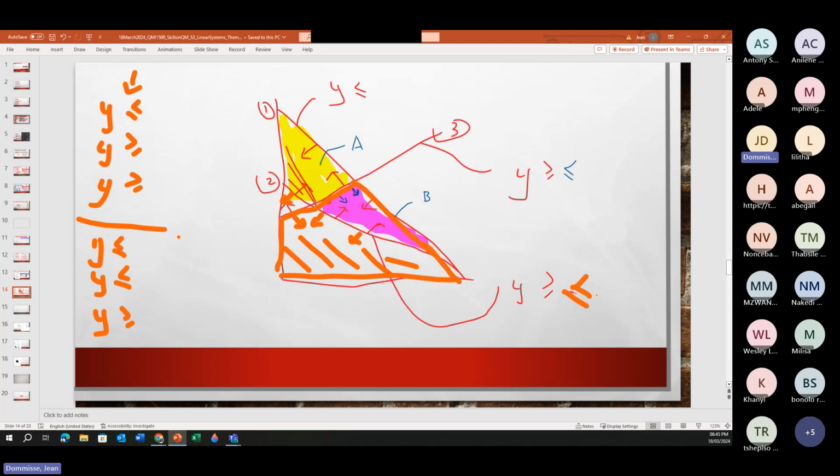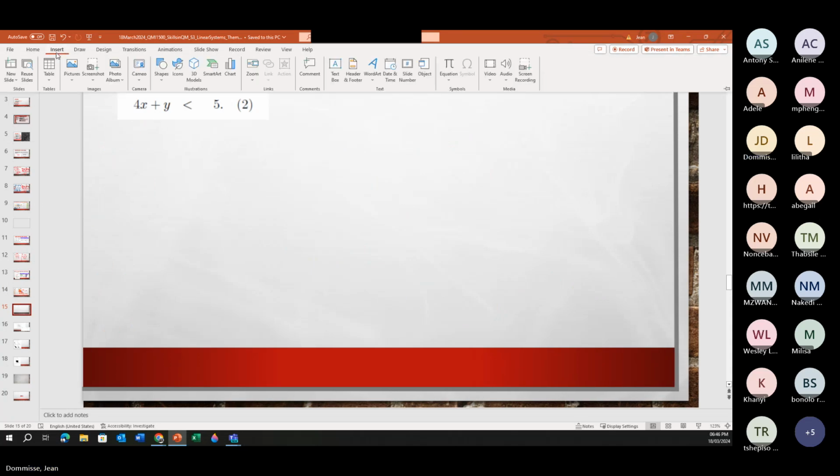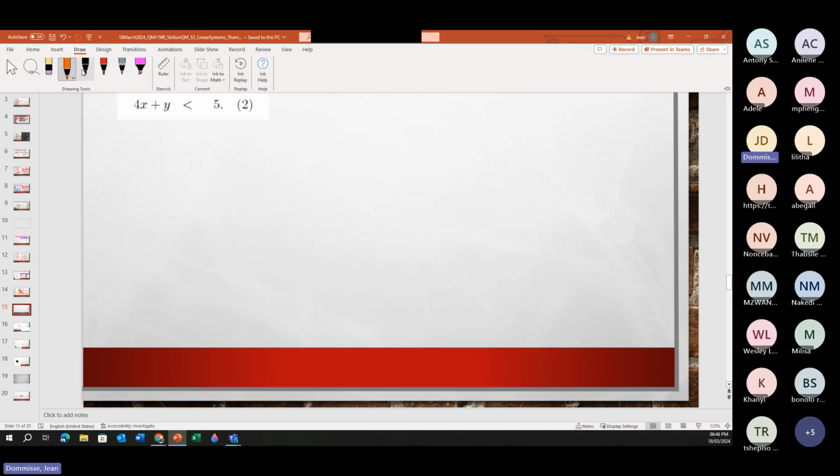So just again, be very careful when you look at these, because by just making one mistake, you could get a different feasibility area. Okay, we'll get to feasibility in one of the later questions. So let's first work it out mathematically.